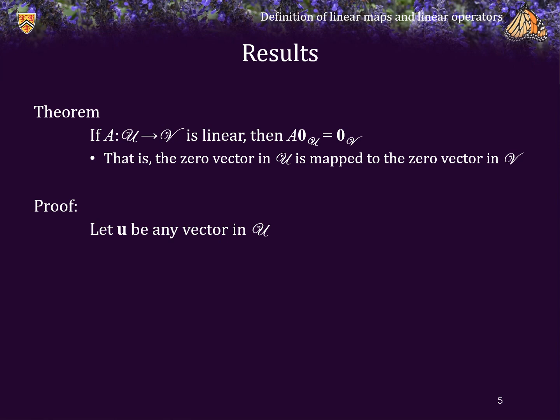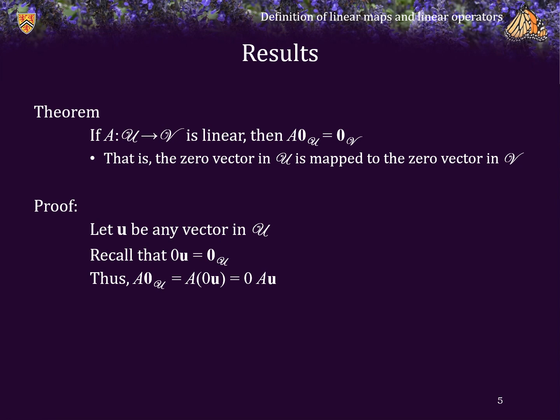Proof. Well, let u be any vector in U. Now, we know that 0 times that vector u is the zero vector in the vector space U. Thus, if we were to apply A to the 0 vector of the vector space U, that is the same as applying A to 0 times u.